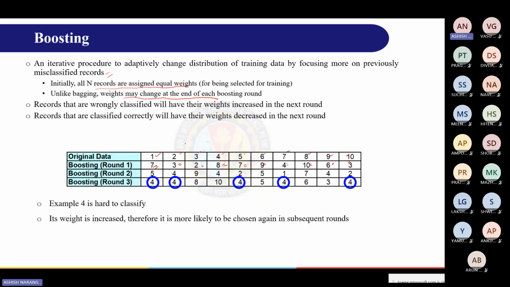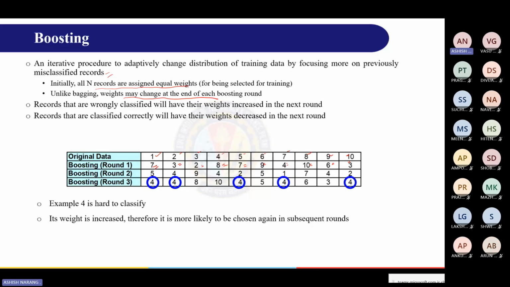Then boosting round 2: 5, 4, 9, 4, 2, 5, 1, 7, 4, 2. Boosting round 3. So whichever example you find, whichever class you find hard to classify, its weight gets increased and it is more likely to be chosen again in the subsequent rounds.